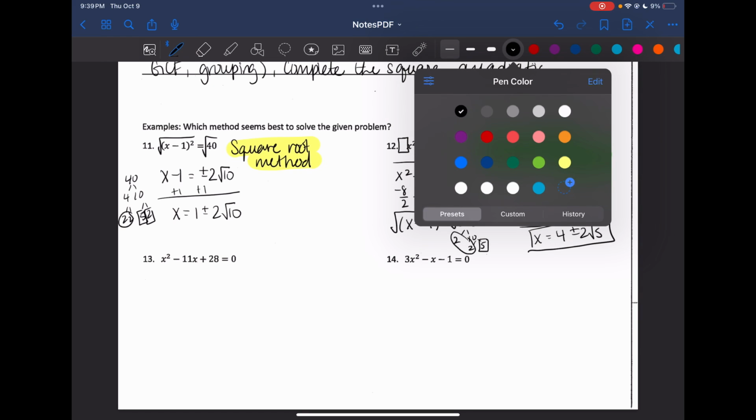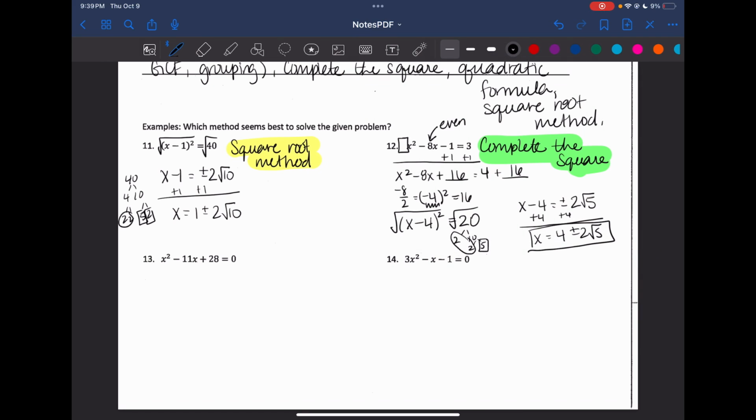Next one, again, I'm looking for that in front value to be 1, which it is in this case as well. So since it is, and this B term is odd, I don't want to complete the square.